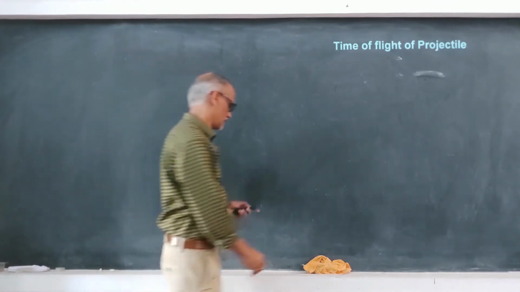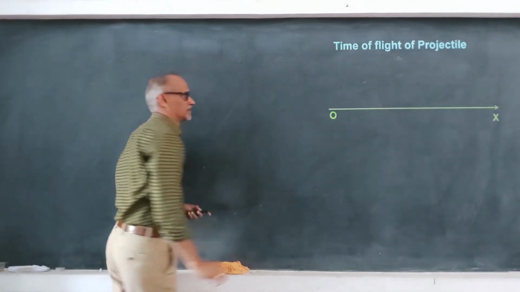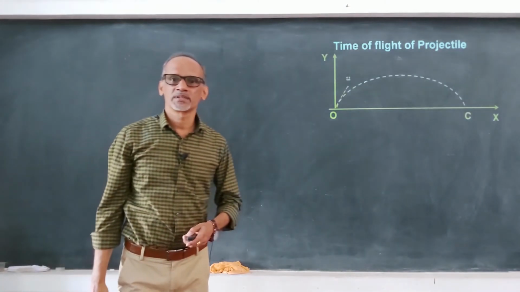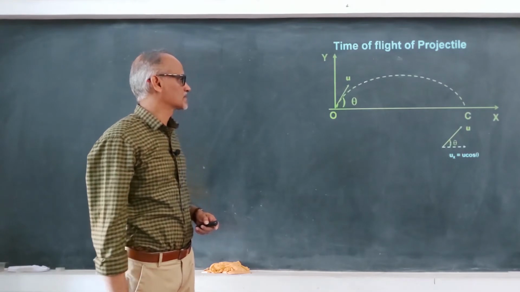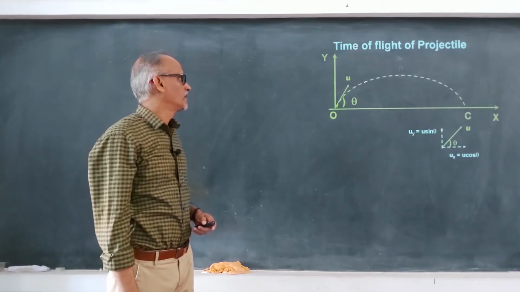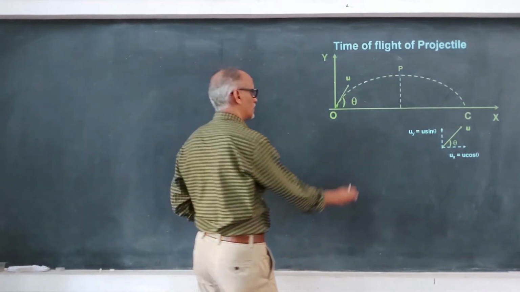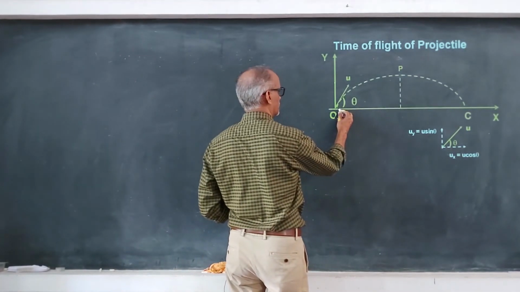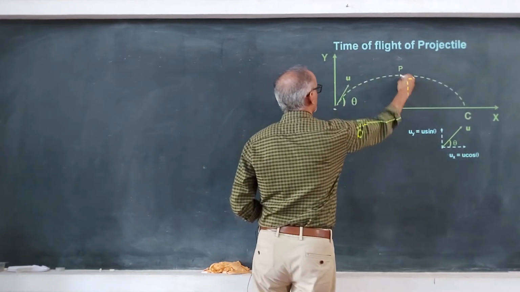First, I am going to consider the projectile motion as usual: the two axes, the projectile path, the direction of the velocity, the angle of projection, the components along the vertical, and then let us consider the point P. Now, I want to find the time taken by the projectile to move from O to P, from here to here.